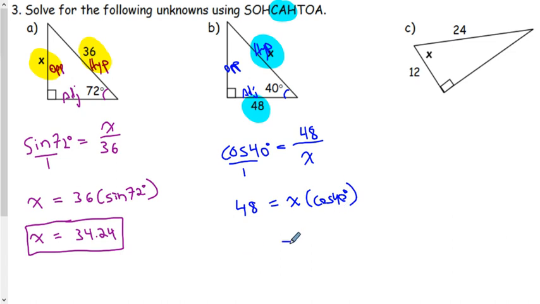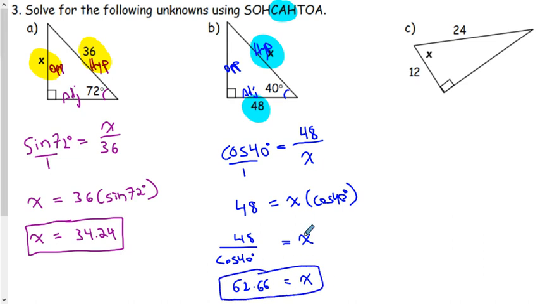Divide both sides by cos of 40 degrees, so we get x by itself. So we have 48 over cos of 40 degrees. And then I got to do some calculator work. That's going to be 62.66. Put a box around that. Were you able to get that answer?